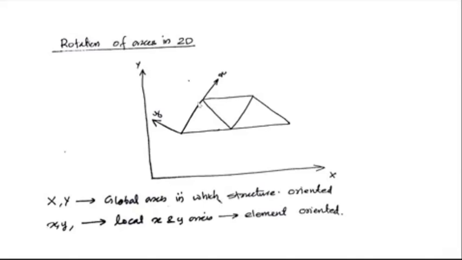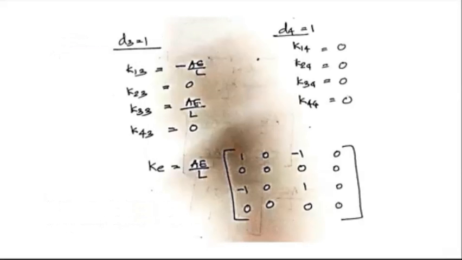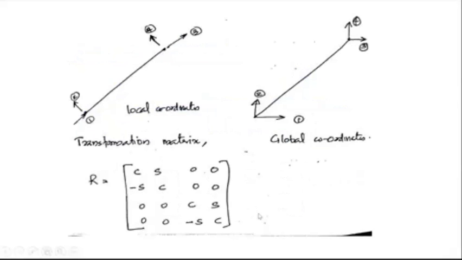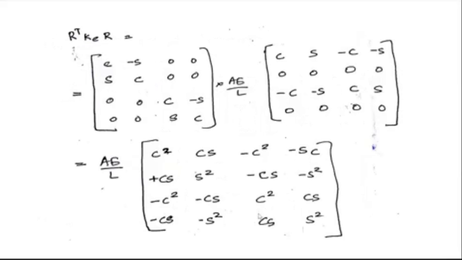So this equation is not always applied once we have found the final expression for the KG matrix. This is KG, we have found R transpose KE into R, and this is the R matrix, and we have found the KG matrix expression like this, and you have to learn this by heart. KG is AE by L into cos square theta, sin theta cos theta, minus cos square theta, minus sin theta cos theta, like that. This is the 4 by 4 matrix you have to learn by heart.